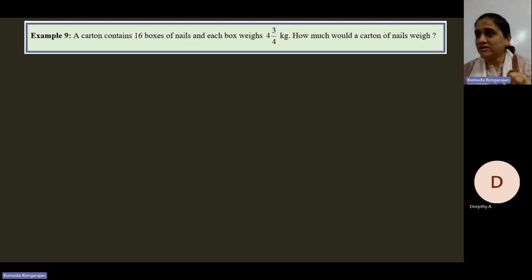Weight of one box is 4 3/4 kgs. Weight of 16 boxes will be 16 into 4 3/4. Whatever answer you get, that is the weight of the carton.